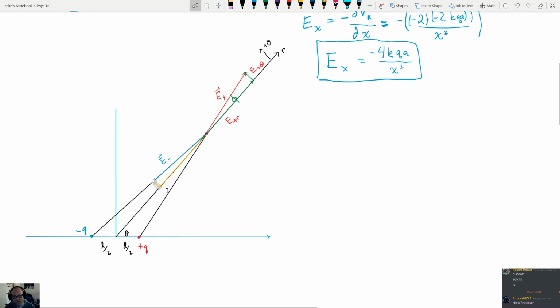And those will be respectively E minus R and E minus theta. So then from here, it defines this distance as R, right? I forgot to put that on there. This distance right here is R, right? Okay, so I have to think about how much I actually want to solve this problem. So if that's phi, then this angle's phi, right? Yeah.